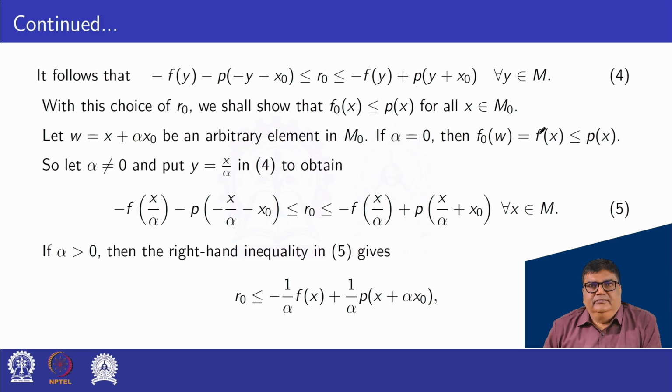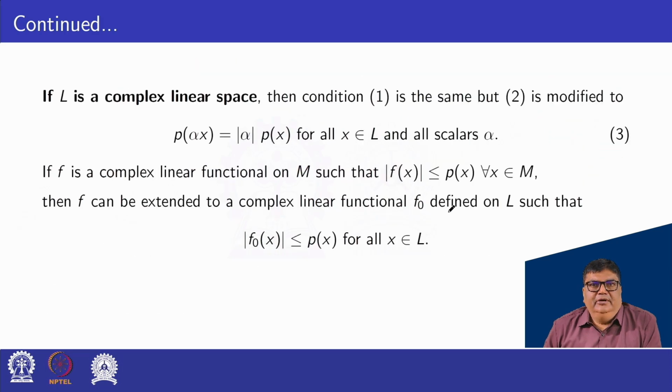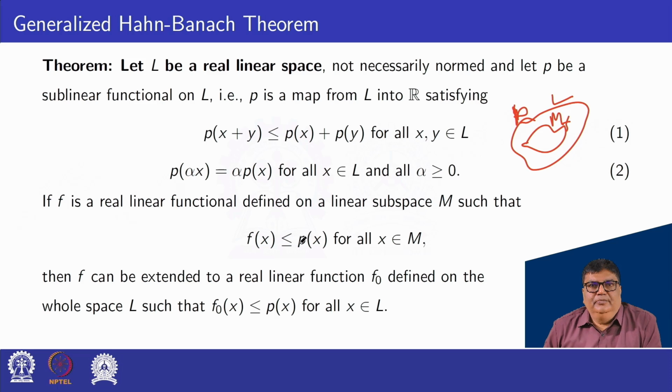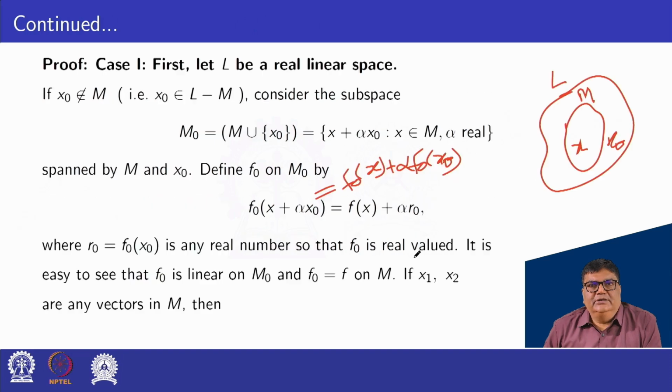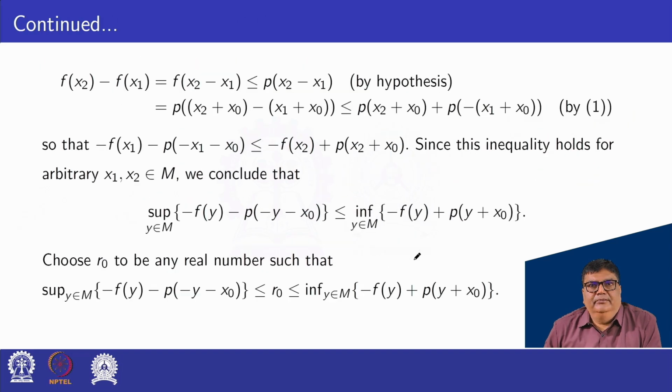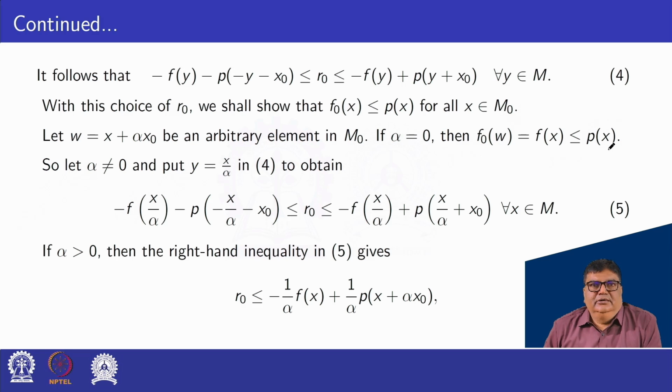Okay, because it is already given that f of x is less than or equal to p of x for all x belonging to M. Okay, if alpha is equal to 0, that is the case of M.